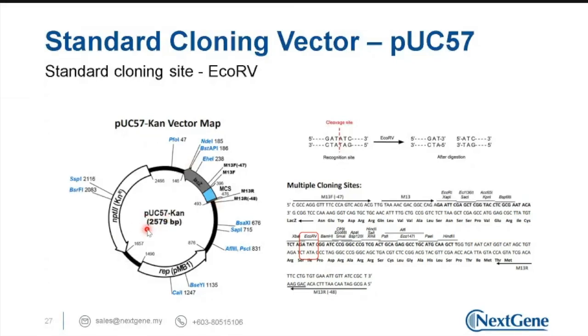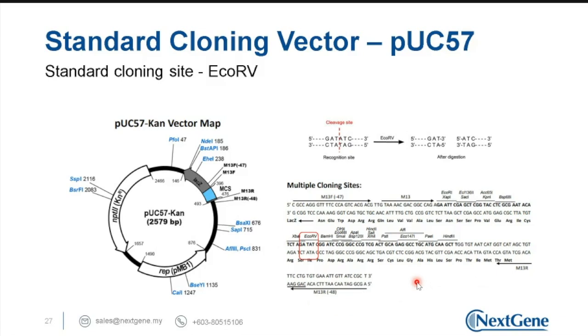The size is 2579 bp, and we will clone your gene of interest or synthesized gene inside this particular multiple cloning site. If we zoom in on the multiple cloning site, we will see these sequences on your right.